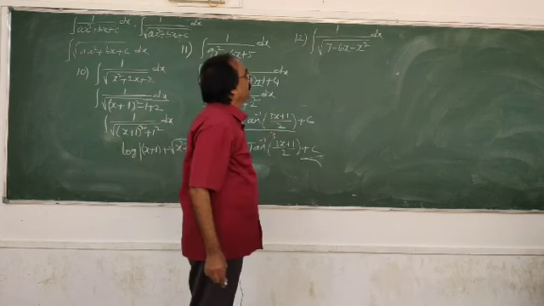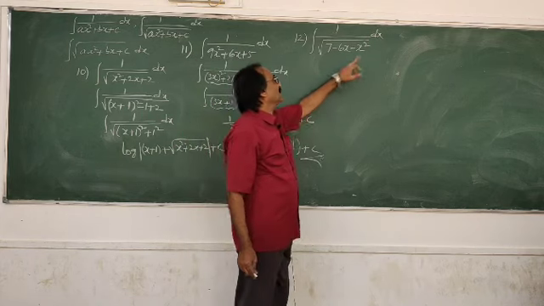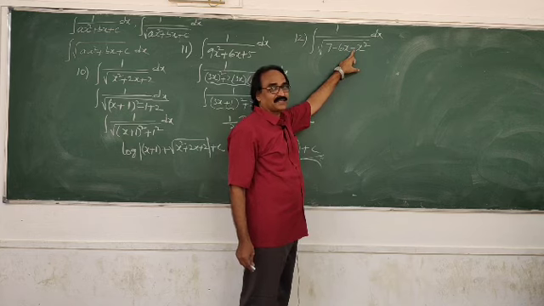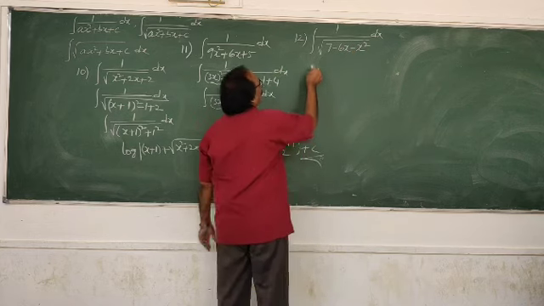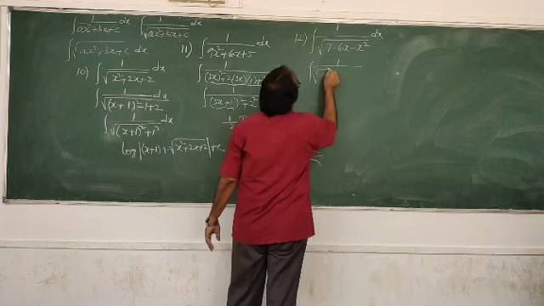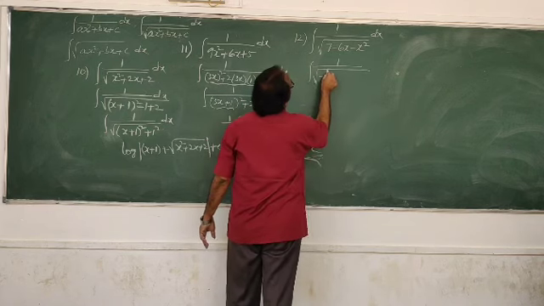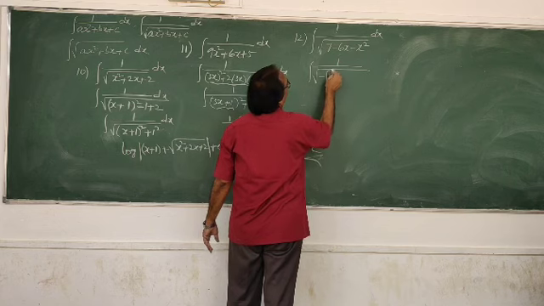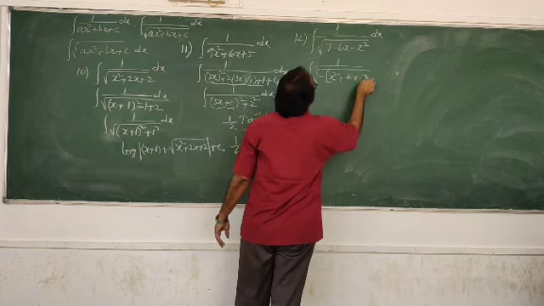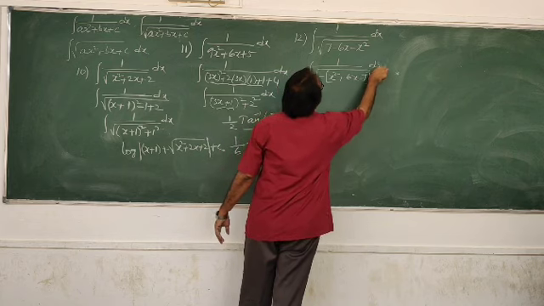Now see here, what happened? X square quotient is not there, but negative is there, so minus 1 quotient is there. So we will take that common now. Integral 1 by square root of, I take minus common, then inside the root x square plus 6x minus 7 I will write, dx here.